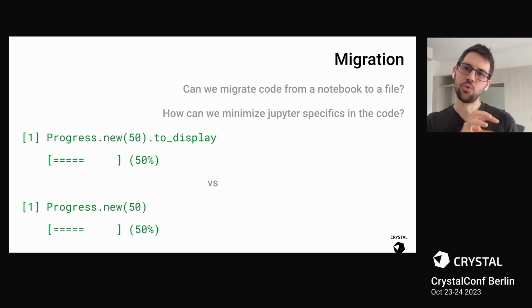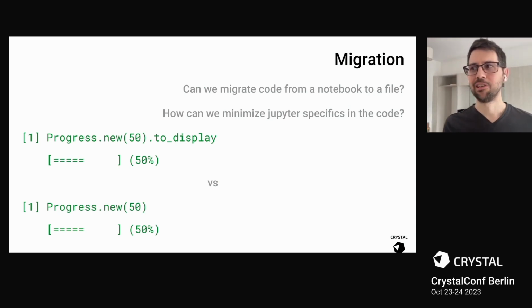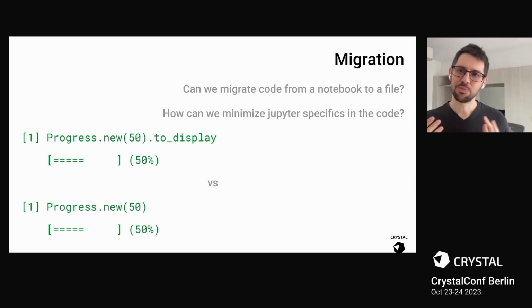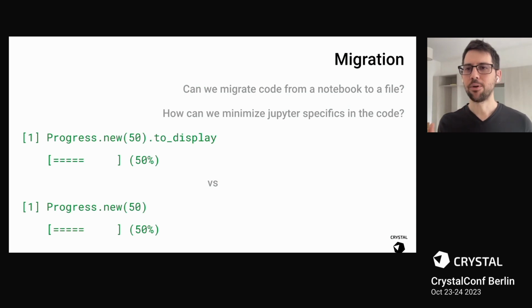But then when I want to copy and paste that code as directly as possible, well, I need to remove all the Jupyter stuff. So I would rather have some of those implicit. So instead of calling display and saying, this is a progress, the progress knows how to display itself. And for that, we need some kind of introspection.